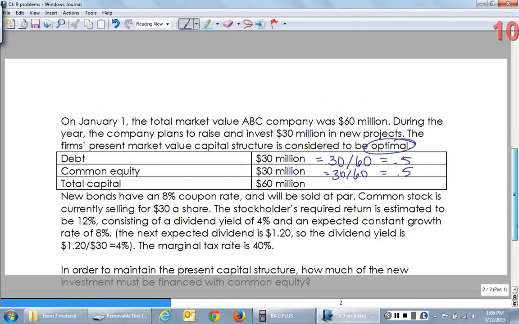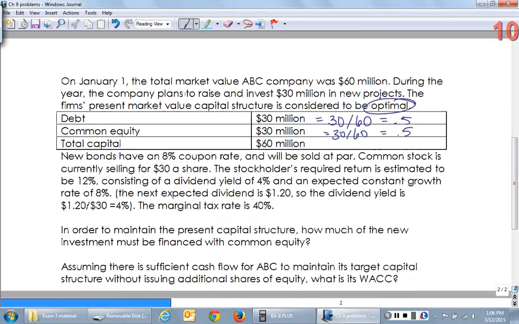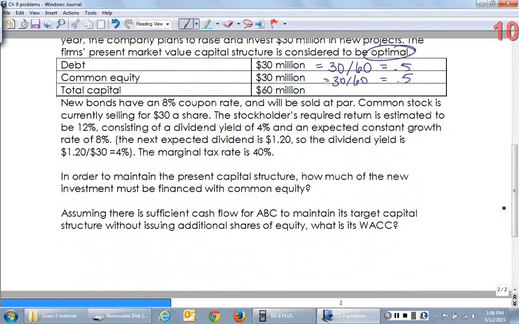So they need to continue this to maintain their current optimal structure. So they want to have 50% in equity, and they're going to raise and invest $30 million. So $15 million of this needs to be financed with equity.